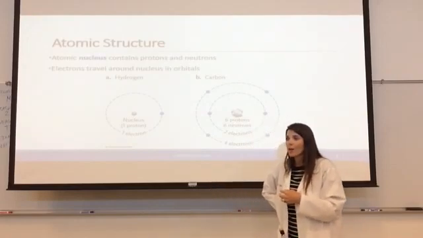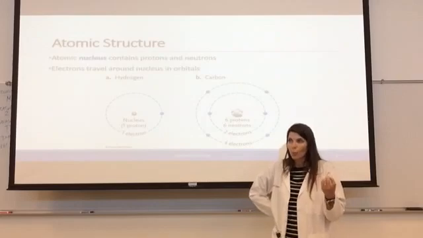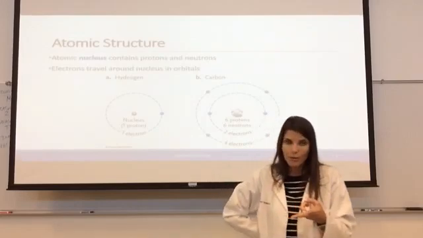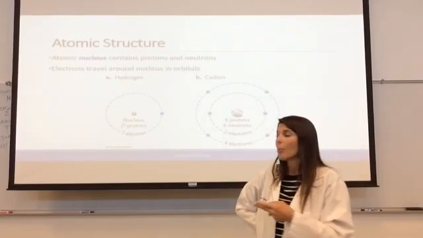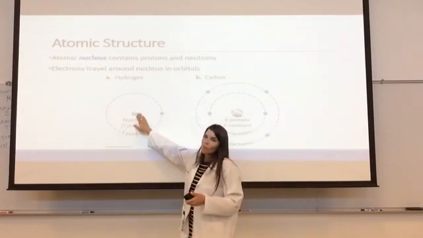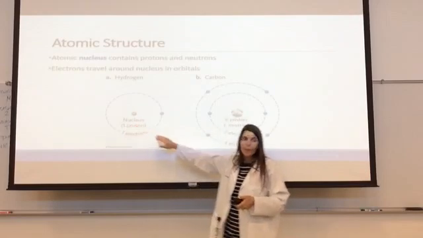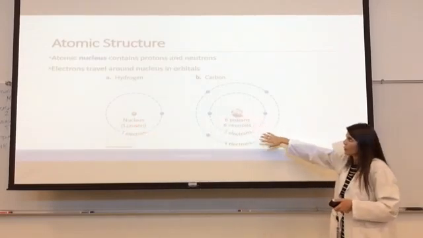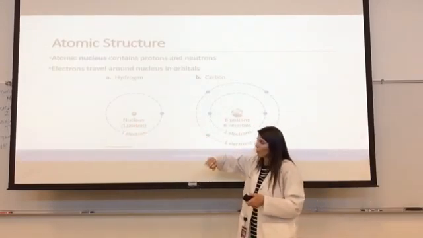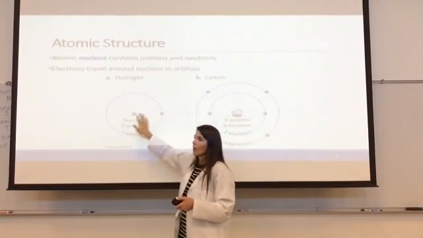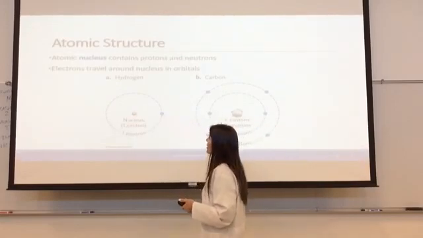The nucleus of an atom could potentially have both protons and neutrons. And I said potentially because some of them just have protons and no neutrons. Okay? So here is protons and neutrons, and this one just has protons. Protons and neutrons would only be located in the nucleus.